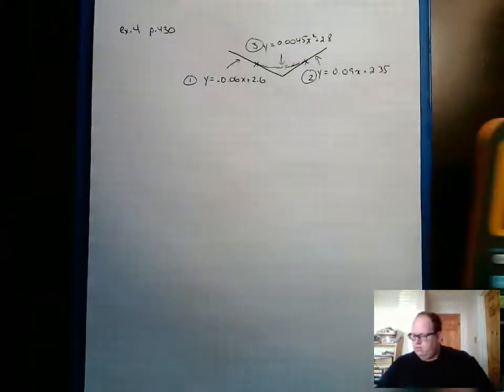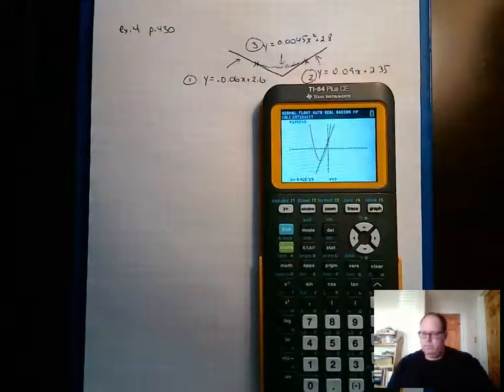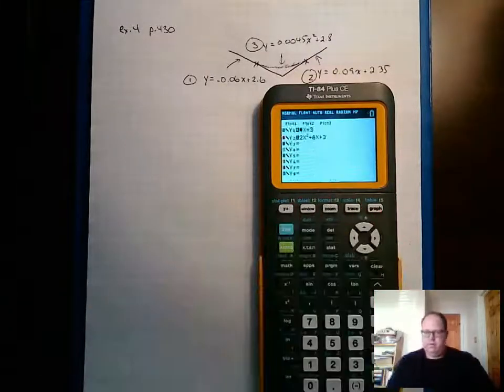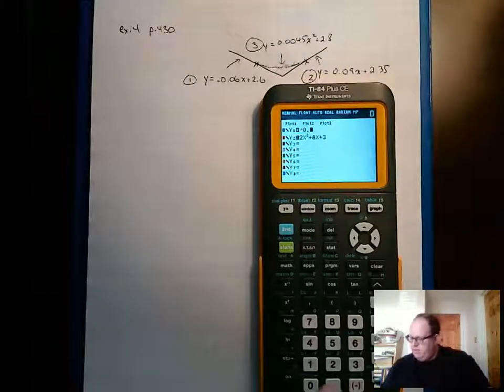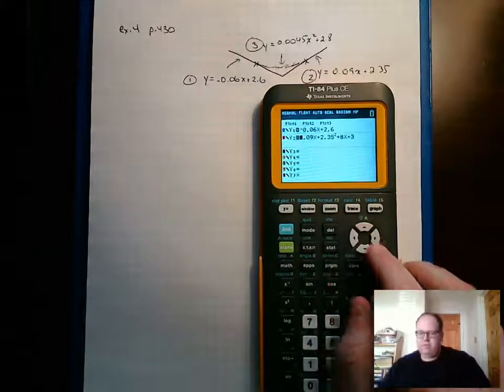So first, what that's going to look like on your calculator. Come in here, and I'm going to put in my first graph, negative 0.06x plus 2.6, 0.09x plus 2.35. Oop, I left some extra up there.